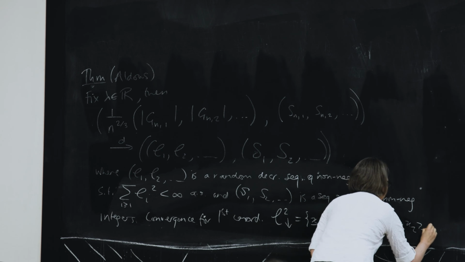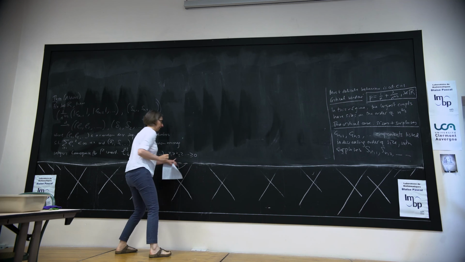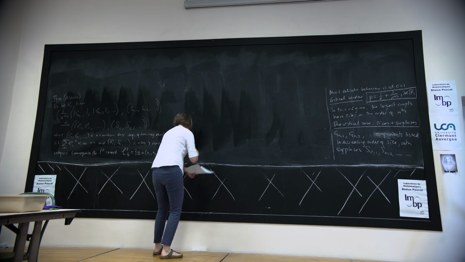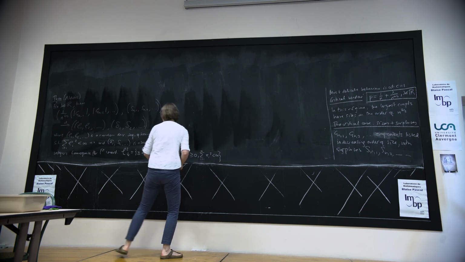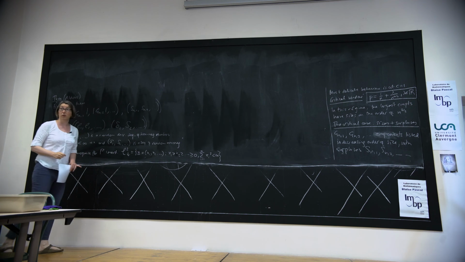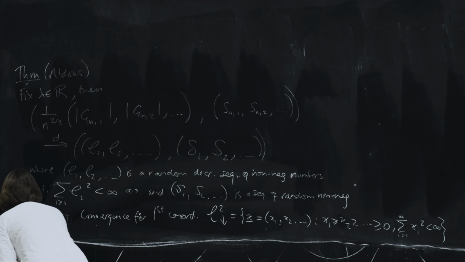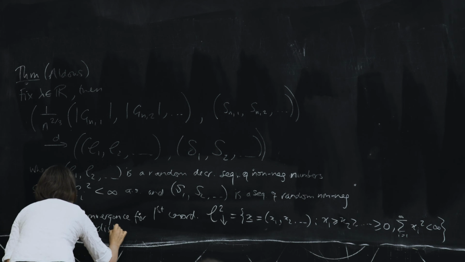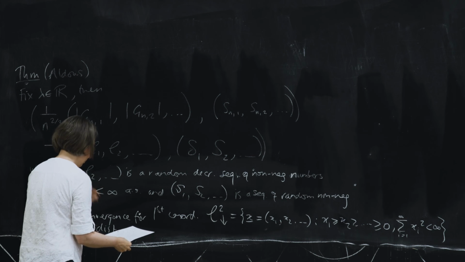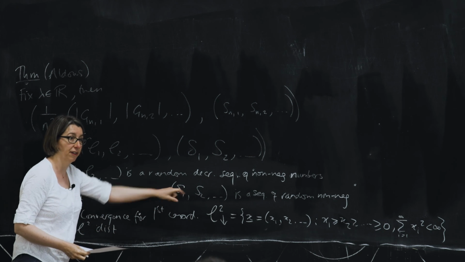So X1 is greater than or equal to X2, and so on. They're all non-negative, and we've got finite sum of squares. Okay, so that obviously I'm going to endow with its usual L2 distance. And it's with respect to the product topology in the second coordinate.